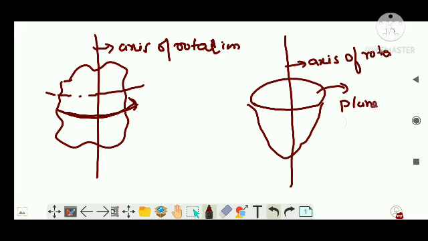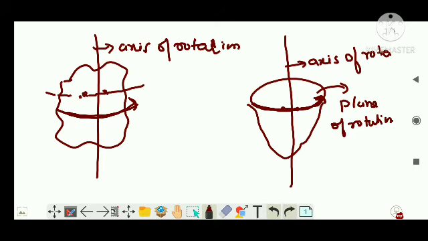These terms you have to know, plane of rotation, because if you consider two particles inside it, both particles are undergoing a circular motion like this, about this plane. That's why this plane is called the plane of rotation.